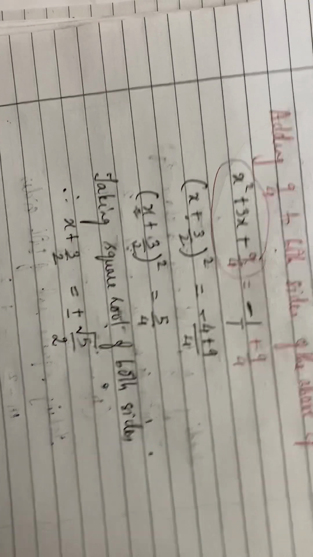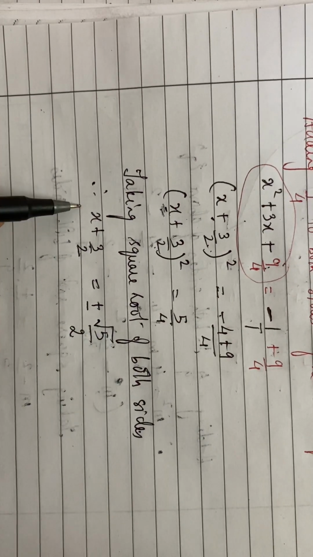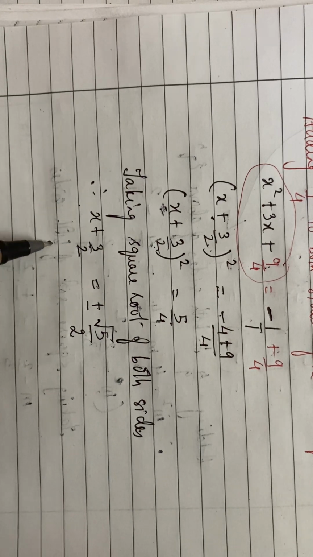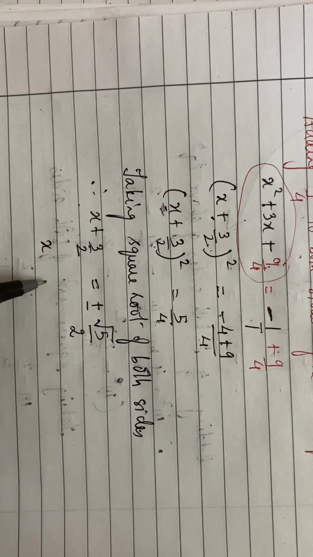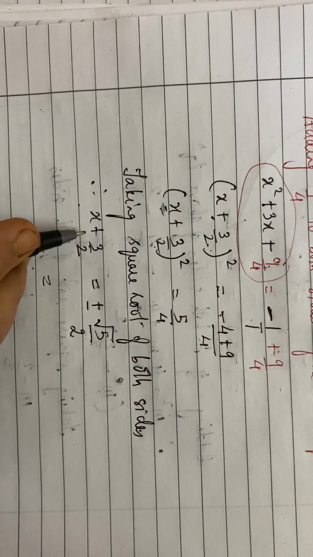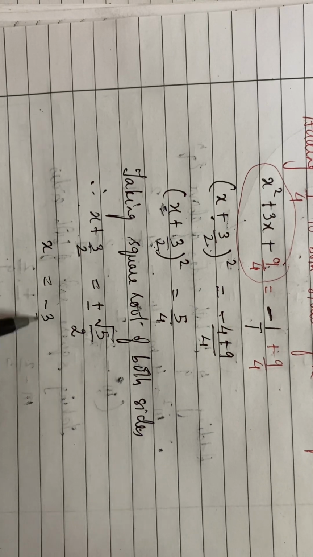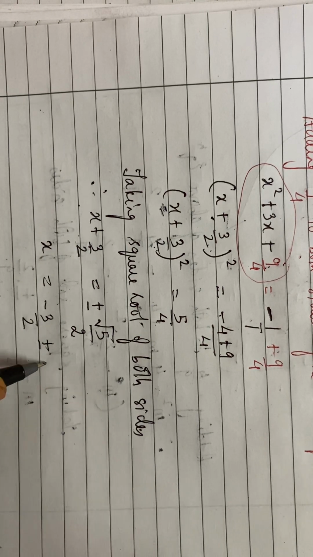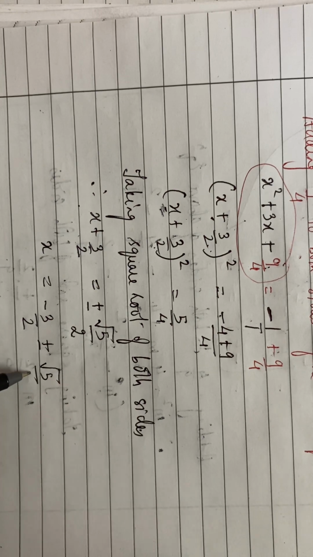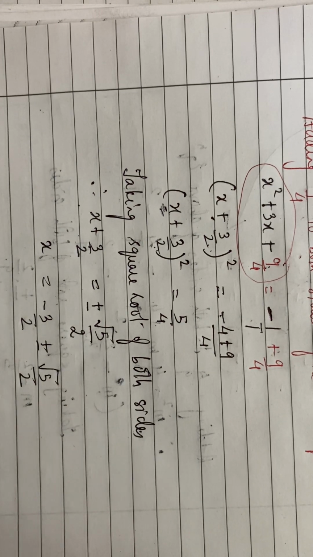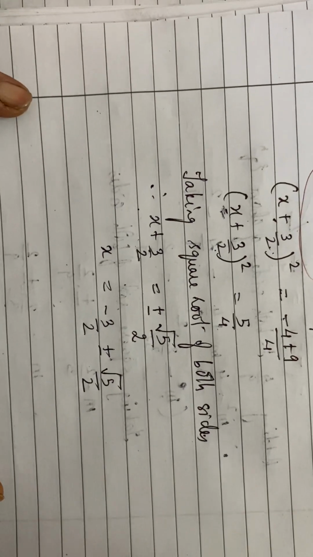Now as I said, we need to find out the value of this x. That is the roots. So x will be equal to, we'll have to transfer this term. So this plus will become minus 3 upon 2 plus or minus root 5 upon 2. Your denominators are like, so you can add or subtract the numerators.